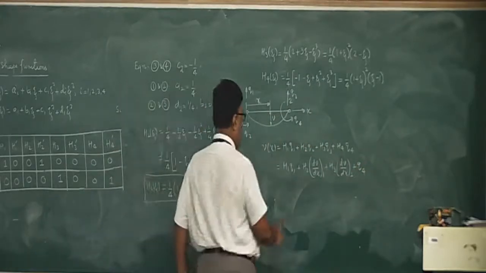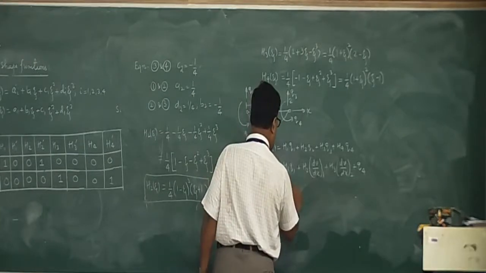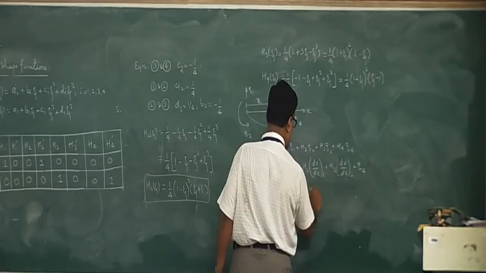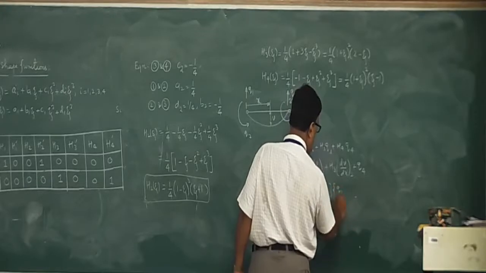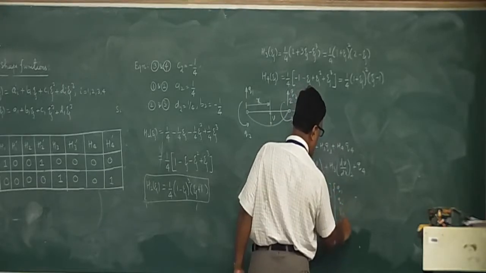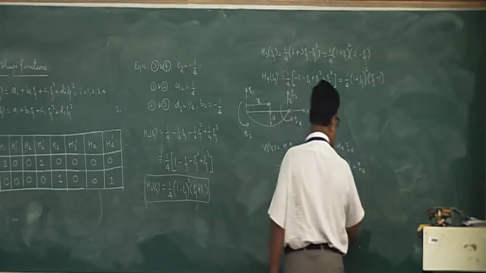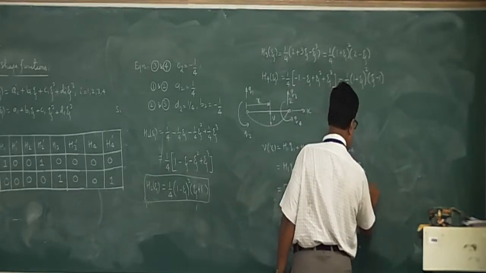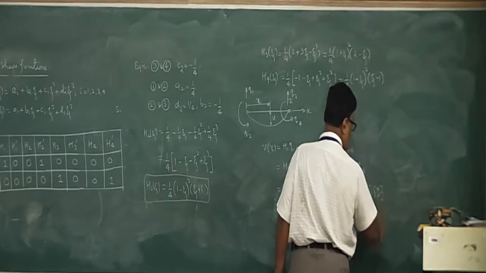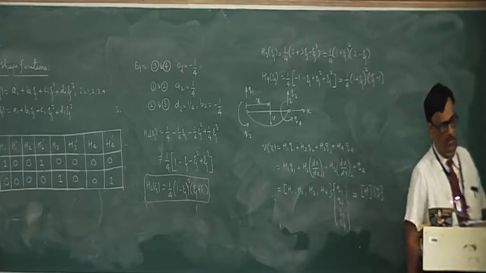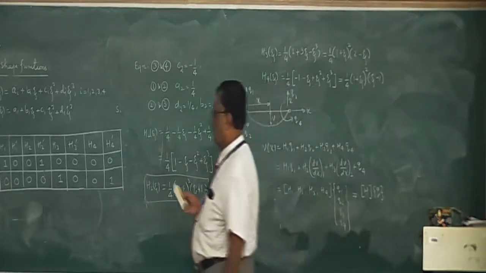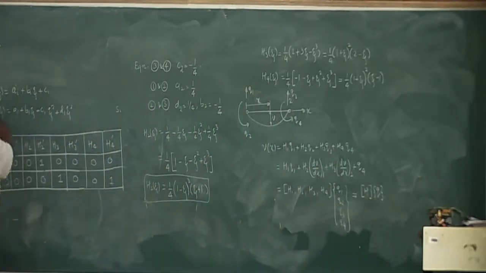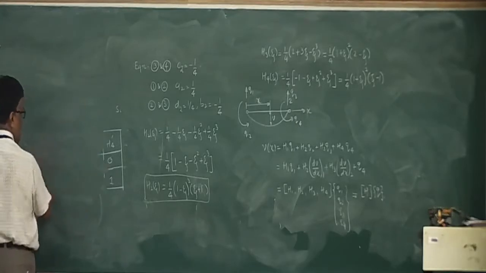Therefore, I can rewrite this as H1, H2, H3, H4 times Q1, Q2, Q3, Q4 as a column matrix, and this is equal to HQ. This is the format in which we are going to get the deflection of the beam in terms of the x coordinate, please remember, and still we have to convert that from the x coordinate to the zeta coordinate, the natural coordinate.